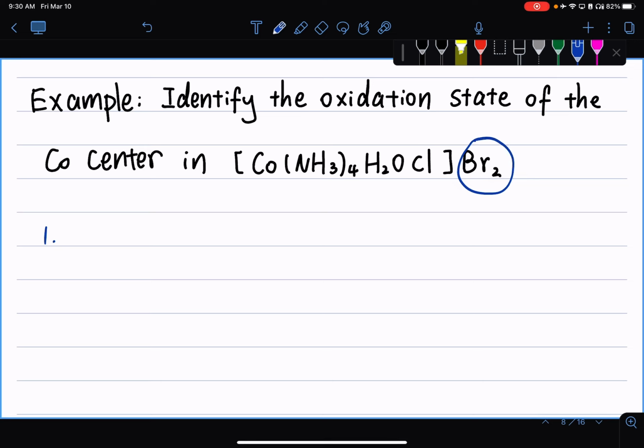In this case, the Br2 that's outside that bracket is our counter ion. That's not part of our transition metal complex. When we say it's a counter ion, what it means is this bromine does not bind the cobalt directly.